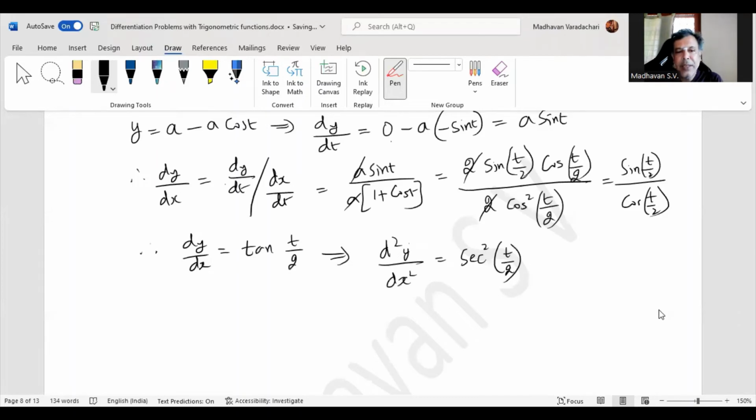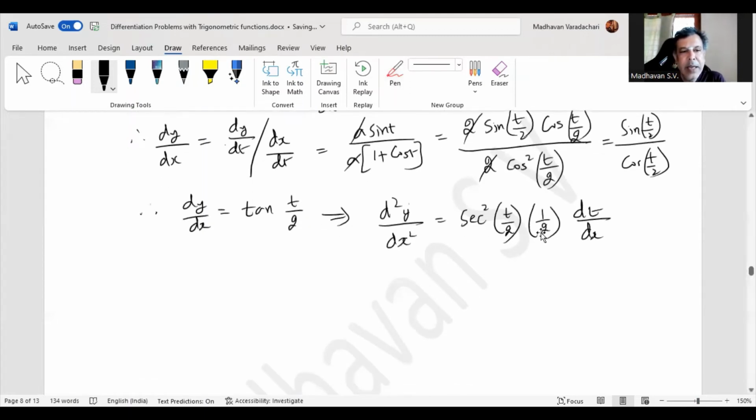But we need to differentiate the t by 2 again, which we will get 1 by 2, then multiplied by dt by dx, because we have to differentiate it with respect to x. So now dt by dx, we already found out that. Let us substitute it. 1 by 2 times secant square of t by 2 and dt by dx.